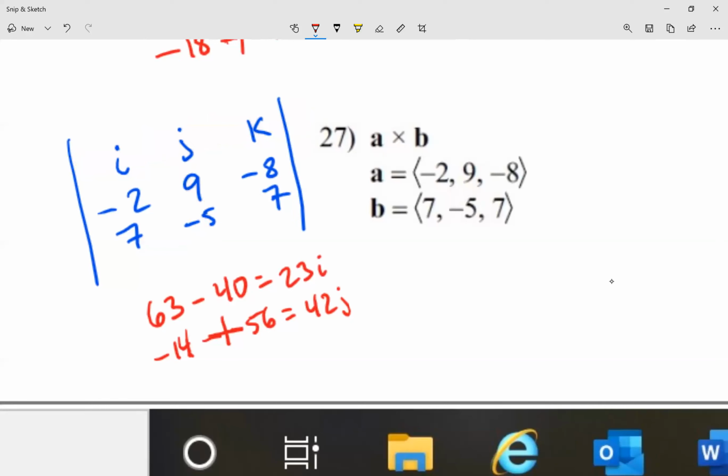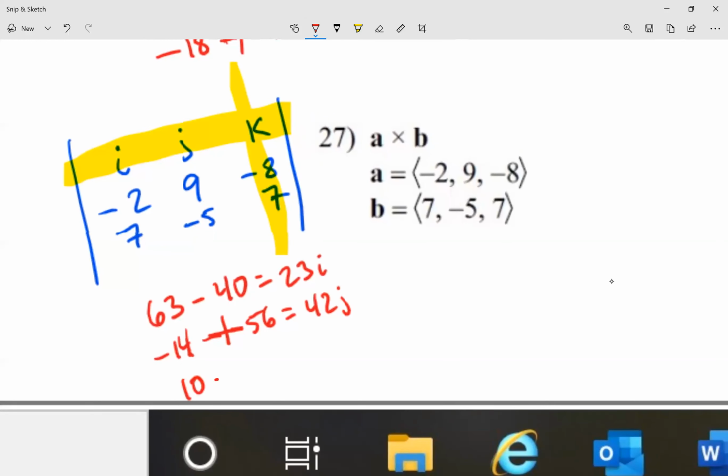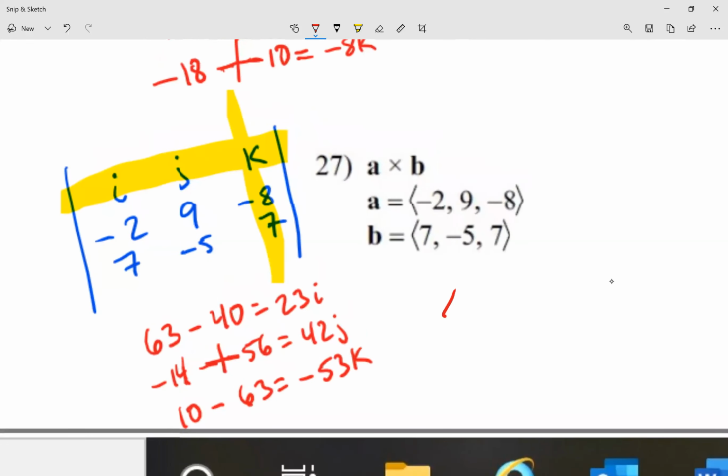Now let me find the discriminant for the K. And I'm going to have 10 minus 63. And that gives me -53 for the K. Now my vector here is going to be 23, -42, and -53.